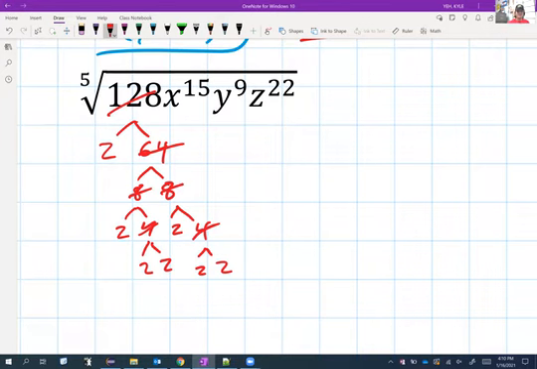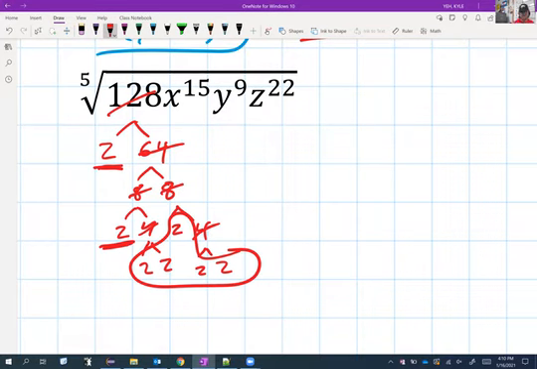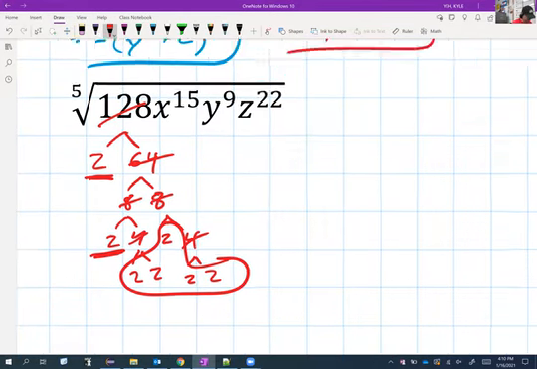So if I'm looking for groups of 5, let's see how many groups of 5 we can find. There's one group of 5, and it looks like I have this 2 and this 2 that were left over that don't form a group of 5.